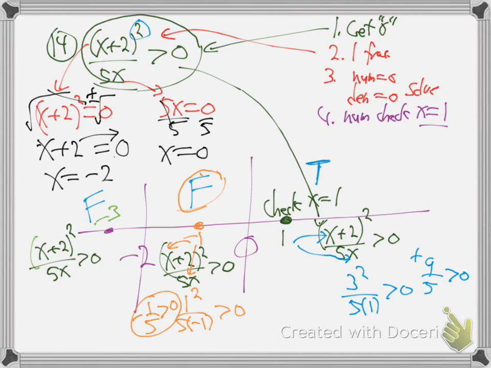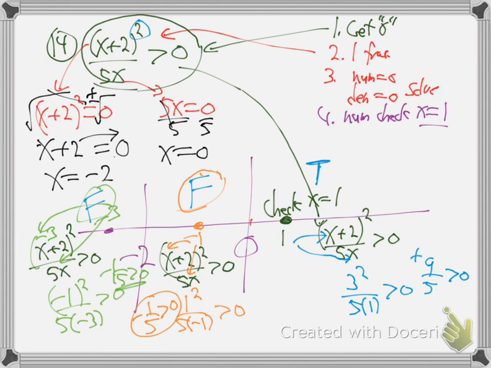If you plug in the -3 there and there, you get -3 plus 2 is -1 squared over 5 times -3. That's -1/15 greater than 0. That's false. Negative numbers are not greater than 0. See how it's false again? So this is a weird one. It's a special one. Not going to make it that hard in the test.